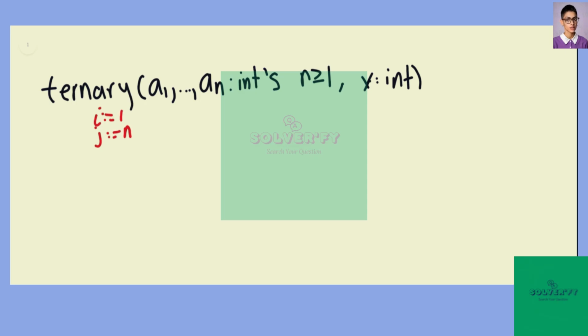So at the moment, we've just initialized it to the entire list. Okay, and so then we'll consider the case for while i is less than j minus 1. And this ensures that the algorithm would stop when there's at most 2 elements in the search interval.